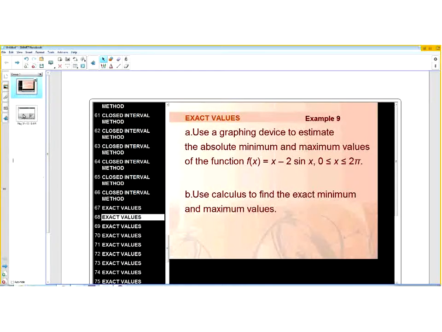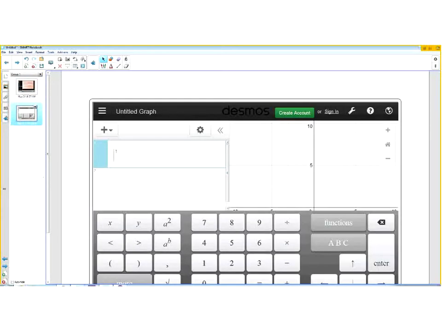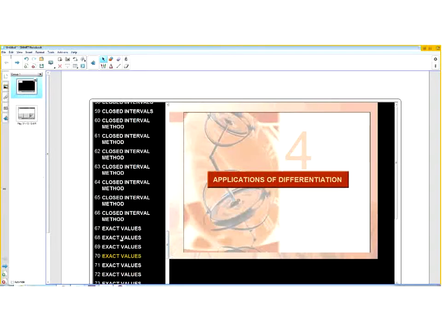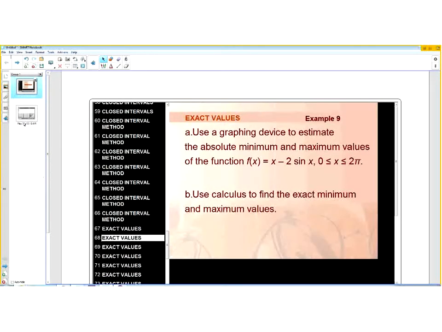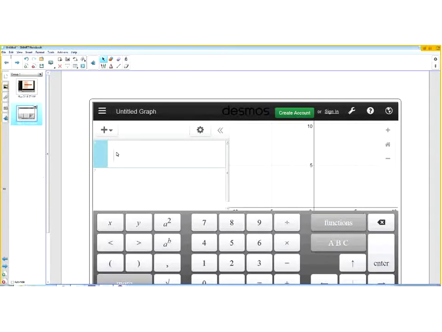All right, so we're on slide 68. So we have y is equal to x minus 2 times sine x, 0 less than or equal to x less than or equal to 2 pi.